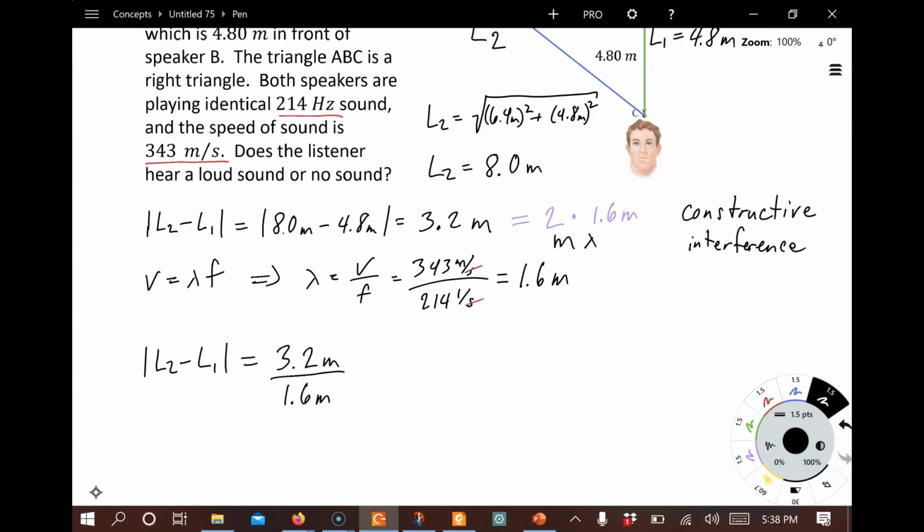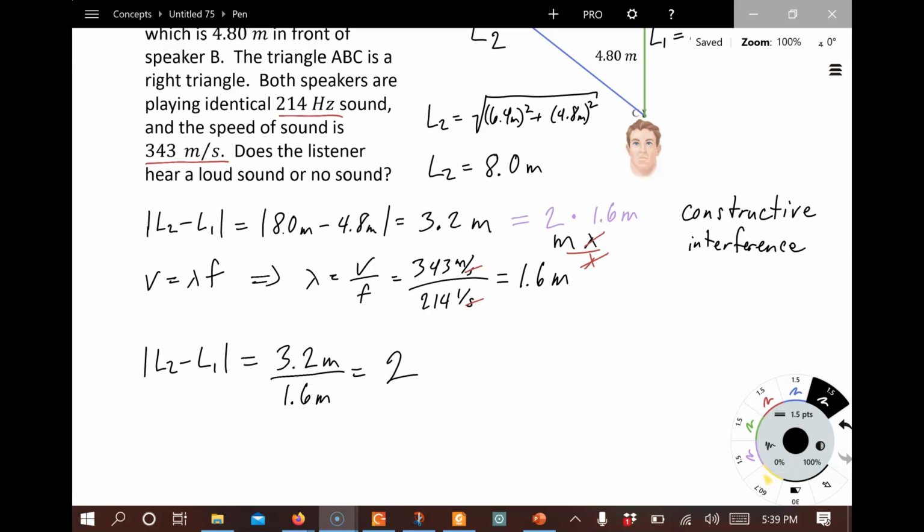Notice that if we divide by the wavelength, we're going to be left with the integer value. And in this case, we just get 2. And so whole number integer values will be constructive interference, as we see here. If you get a whole number plus a half at the end, then it would be destructive interference.